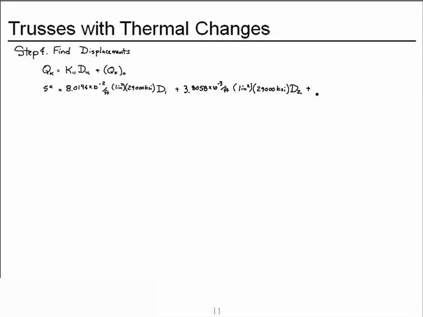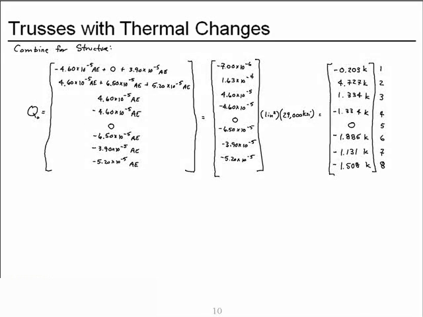Then we add our fixed end force for degree of freedom 1, which we found to be a minus 0.203 kips.